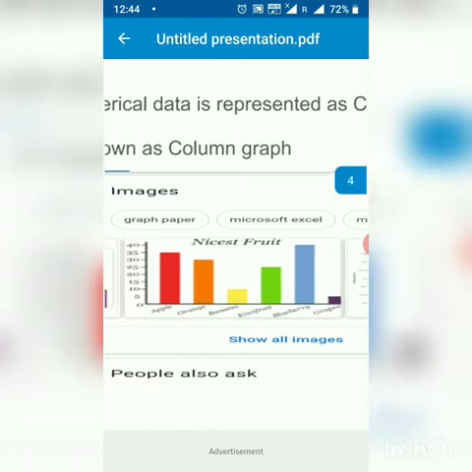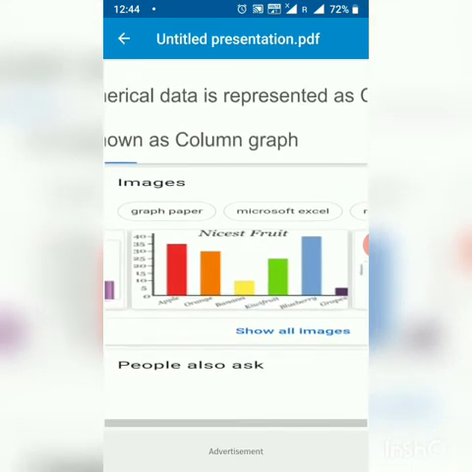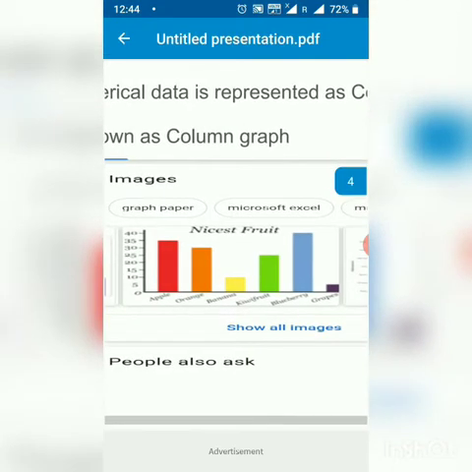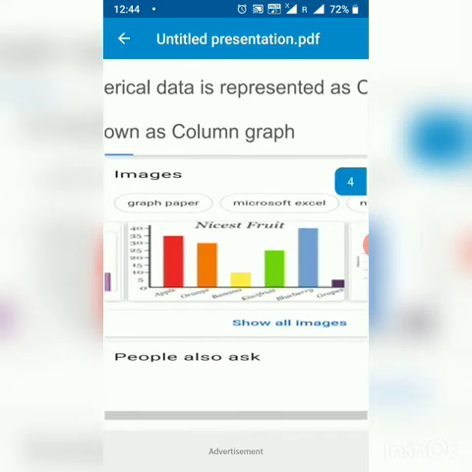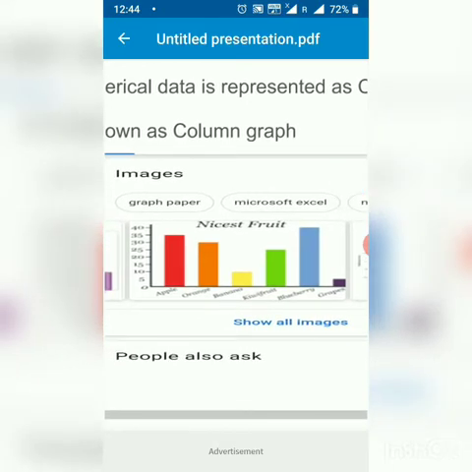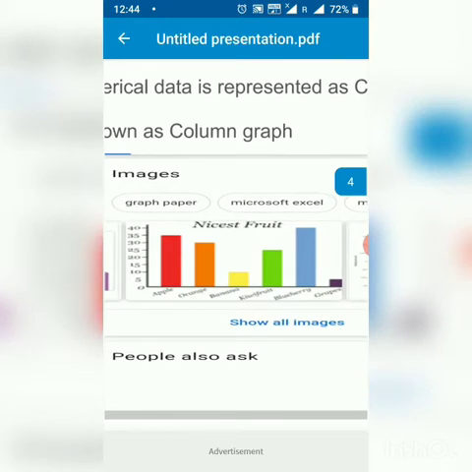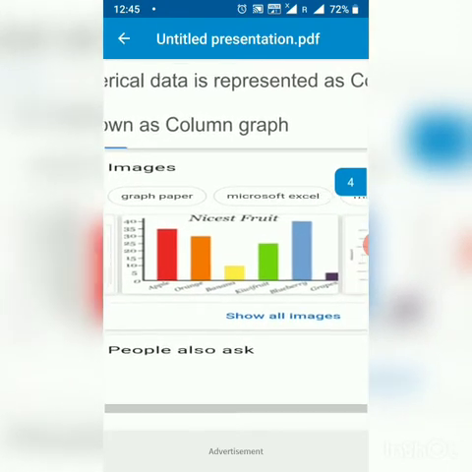Here how can we do it? Here we have to use grid paper or graph paper, where the numerical value is taken on the y-axis, that is the vertical way, and the other value or other information is taken on the x-axis, which you have already learnt. The x-axis is the horizontal axis, and the vertical axis is known as the y-axis.